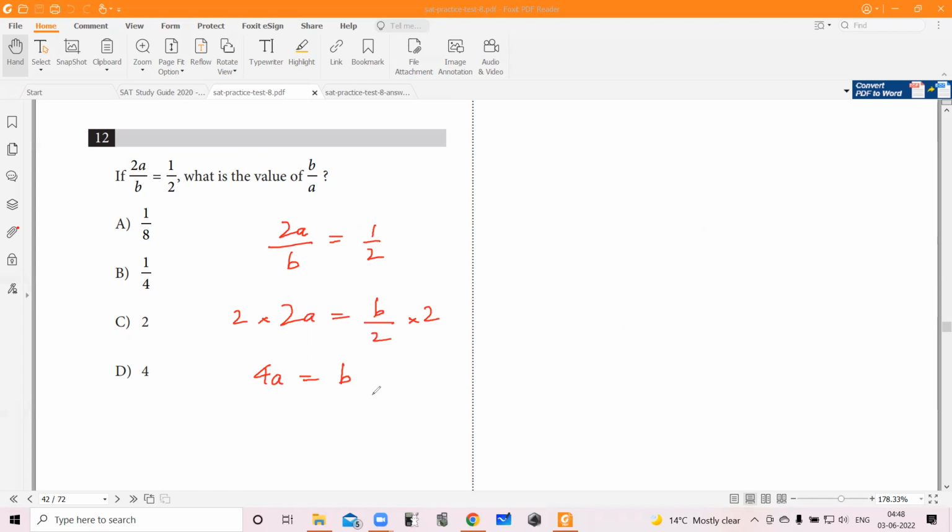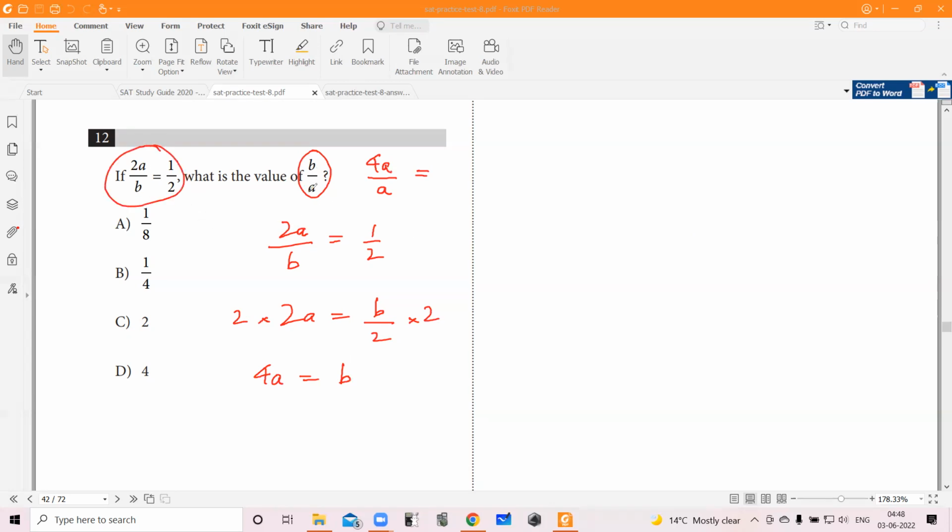So 4a over a. Or 2a over 4a is equal to 1/2. Yes, but that's already given. We don't need that.